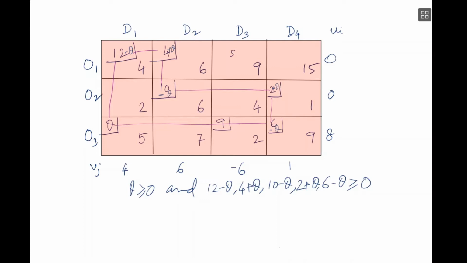So we have to choose among 12 minus theta, 10 minus theta and 6 minus theta, these three, so that none of these become negative and theta will also not be negative.